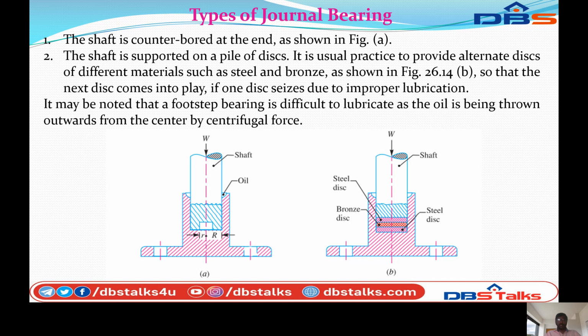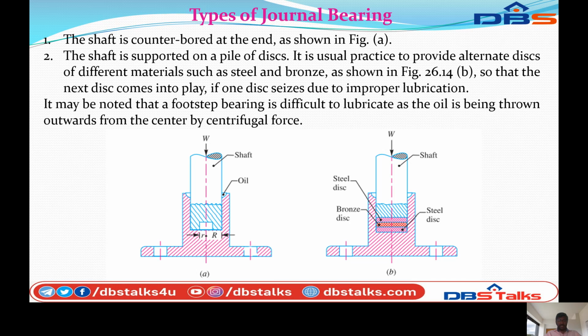It may be noted that a footstep bearing is difficult to lubricate as the oil is thrown outwards from the center by centrifugal forces. So you can see figures A and B. The shaft is arranged in the hole, and in the hole we can arrange the oil.